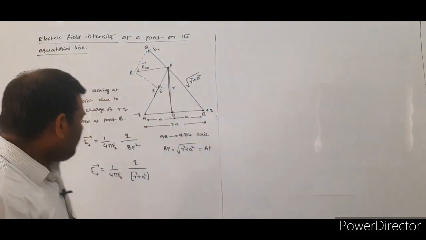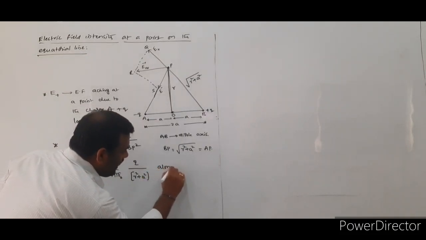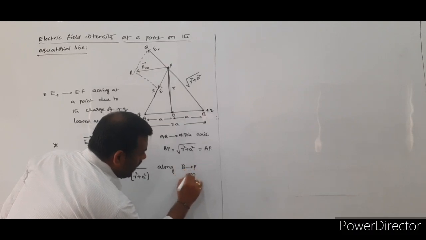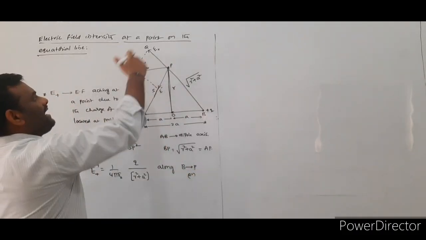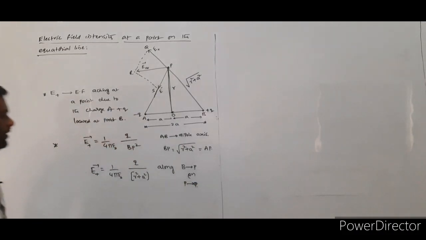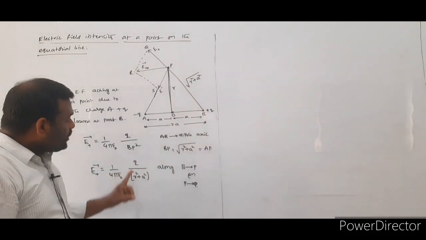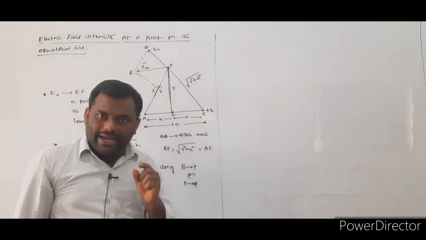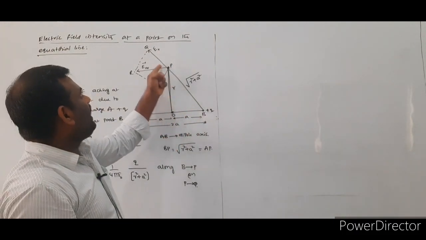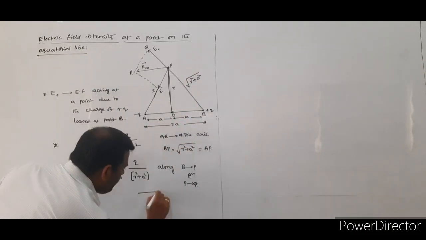So I represent the direction of the E plus bar as acting along B to P, or again I form one parallelogram, so R P to Q. Therefore, E plus bar is equal to 1 by 4 pi epsilon naught into q by r square plus a square will be the magnitude of the field, and its direction will be acting from B to P or P to Q. Both will be in the same direction. Let it be equation number 1.